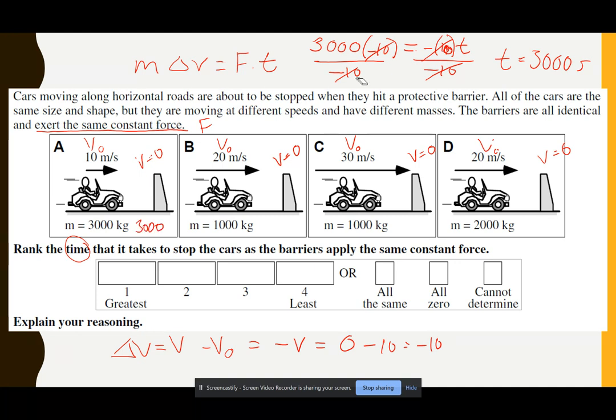So you can just do that for each situation. And again, as long as you leave the force the same. So in the second one, you have 1,000, negative 20, because remember it's slowing it down. So negative 10, and we're looking for time.